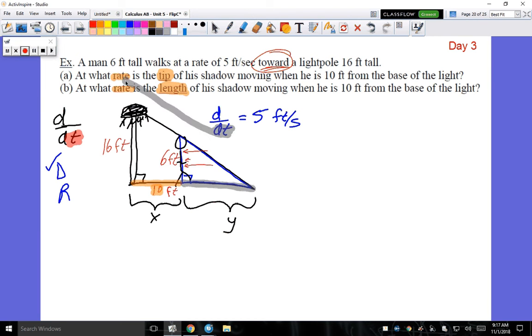Okay? Based off of our diagram, what letter would we put? d what dt is equal to 5 feet per second? X. We could put x, but if we do x, it can't be a positive 5, it has to be a what? Negative 5. So I want you to use x, but this has to be a negative 5.